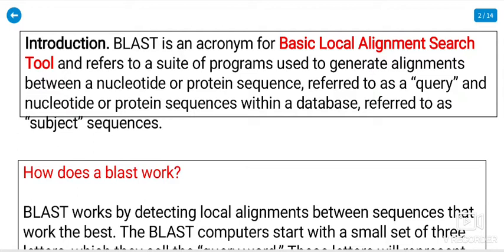It is a main bioinformatics tool, referred to as a suite of programs used to generate alignments between a nucleotide or protein sequence, referred to as a query, and nucleotide or protein sequences within a database, referred to as the subject sequences.